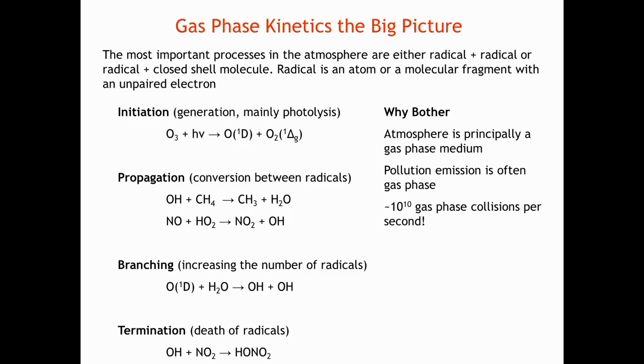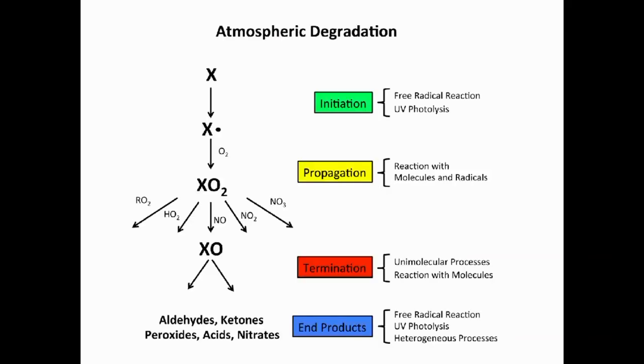But initiation, propagation, branching, and termination. So an example of this, or a schematic that represents this. If you start with a compound X and it photolyzes, or it gets excited to become a radical species, reacting with oxygen, your propagation reaction could be the reaction of the radical with oxygen to give you your peroxy radical.